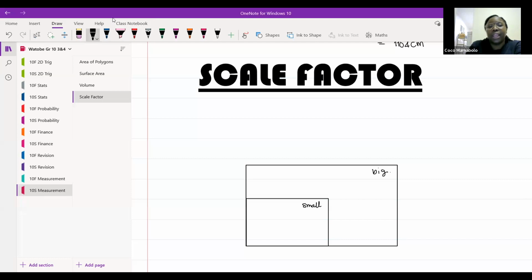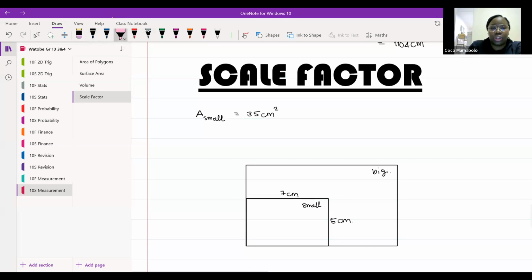Now, if the dimensions of my small rectangle are 7 centimeters by 5 centimeters, what is the area of my small rectangle going to be? 35, good, excellent, it's 35 centimeters squared.